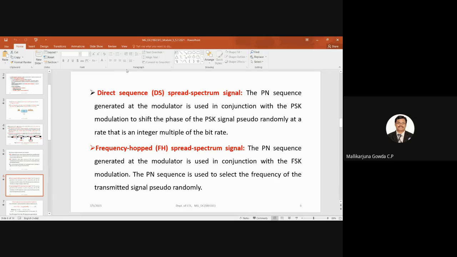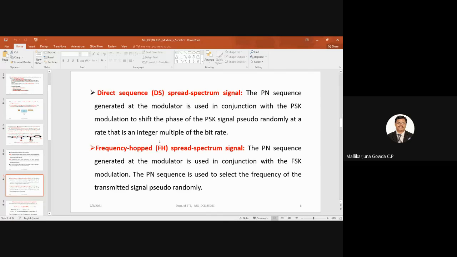In direct sequence spread spectrum, the pseudo-noise sequence generated in the modulator is used in conjunction with the PSK modulation to shift the phase of the PSK signal pseudo-randomly. That is why it is known as direct sequence spread spectrum. The type of modulation used is BPSK, right?